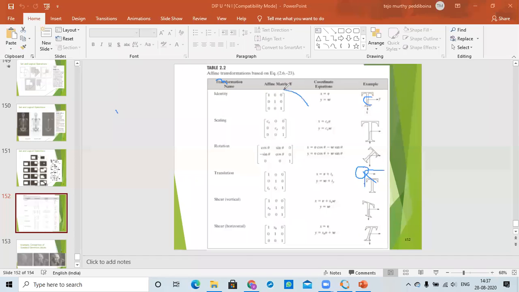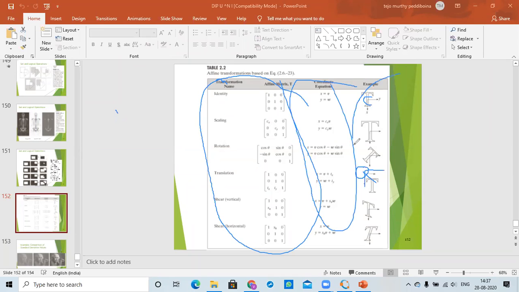In examination, you need to mention what the affine matrices are, with matrix values and corresponding equations and an example. You cannot draw the images in your exam. Only a small example, if an image is there, let us take one T or like this. You take simple examples, simple images.